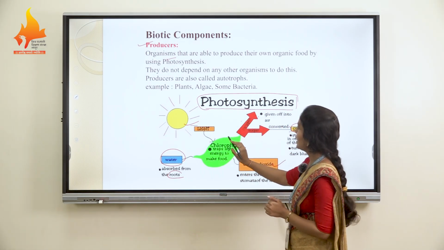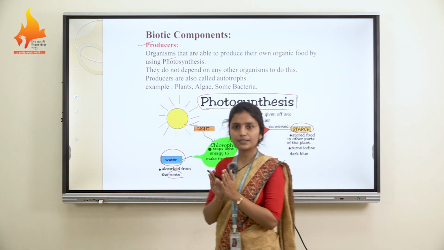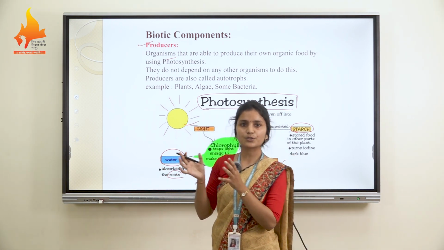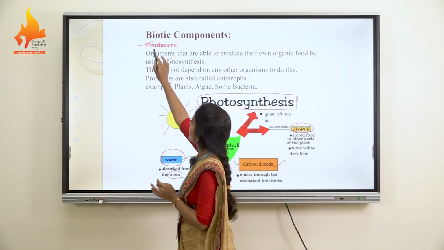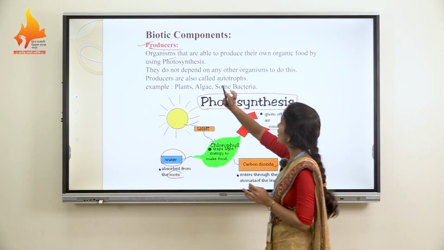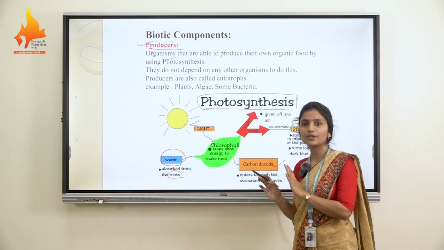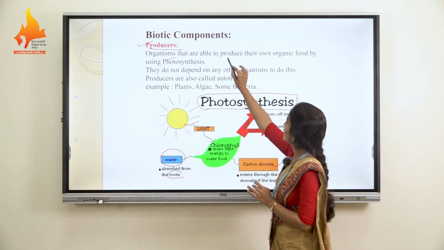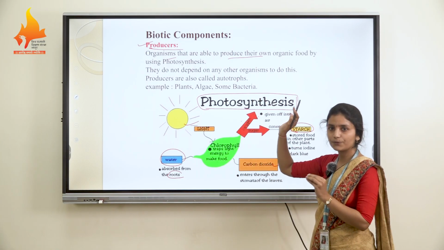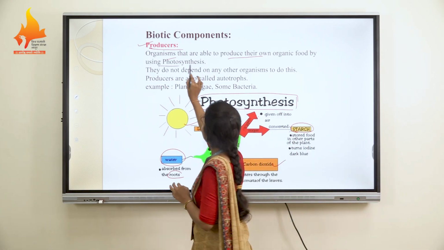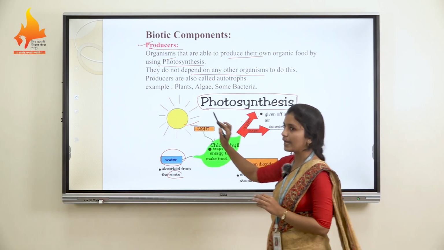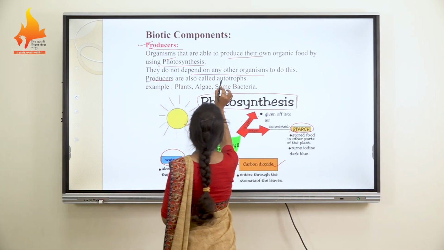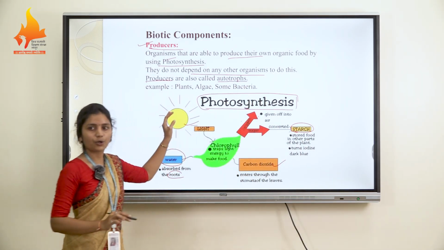Means what? The plants convert the light energy into chemical energy and store it in the form of food. Okay, those organisms are called the producers. Means what? They do not depend upon other organisms for food. They prepare or produce their own organic food by using photosynthesis. They do not depend upon any other organism. Okay, those organisms are called producers, that is autotrophs.